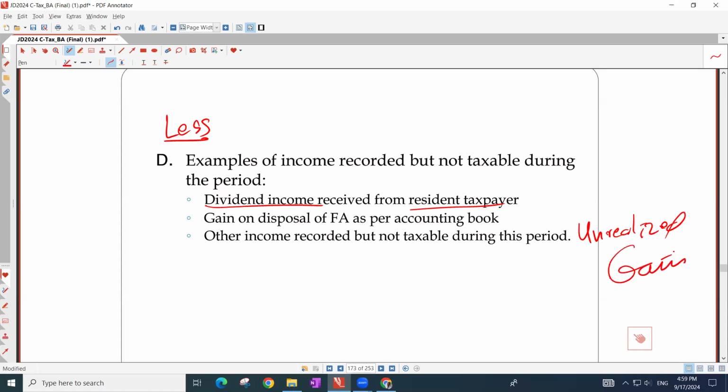Yeah, unrealized gain. For example, unrealized exchange gains, maybe revaluation of assets or something like that.